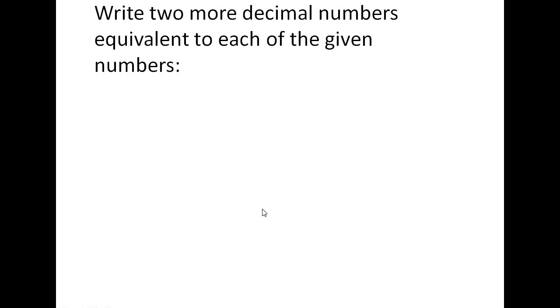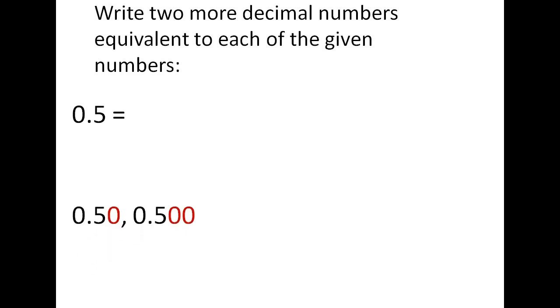Now we have to write the equivalent decimal numbers for the given decimal number. 0.5 is the number. You have to write the equivalent decimal numbers. So I told you, the third concept, if we add zeros to the extreme right side of the decimal number, then the value of that number does not change. So you can go on adding zeros.